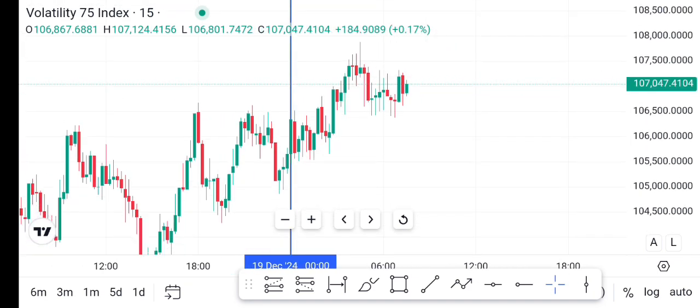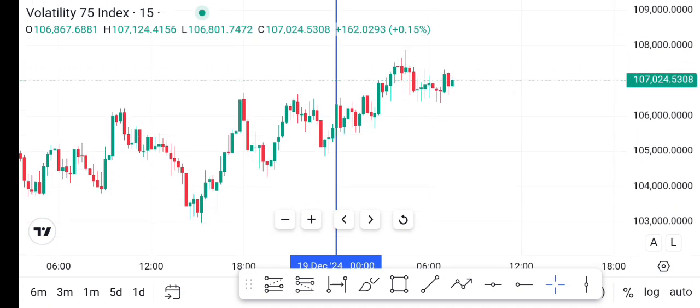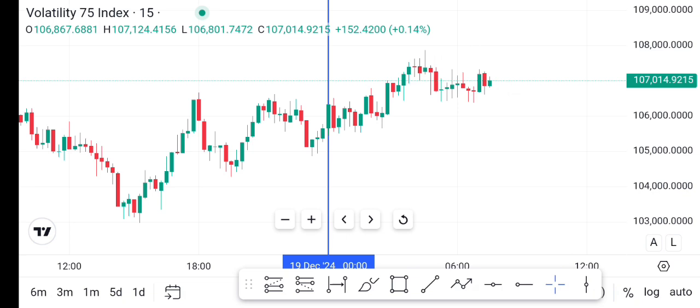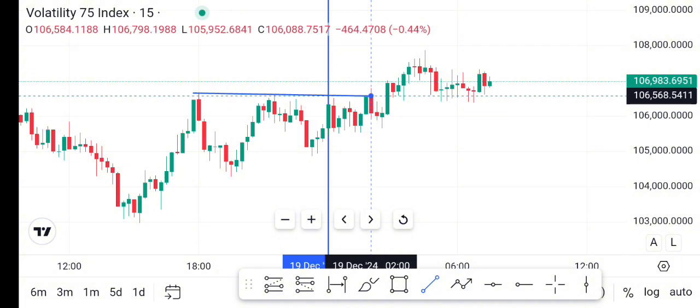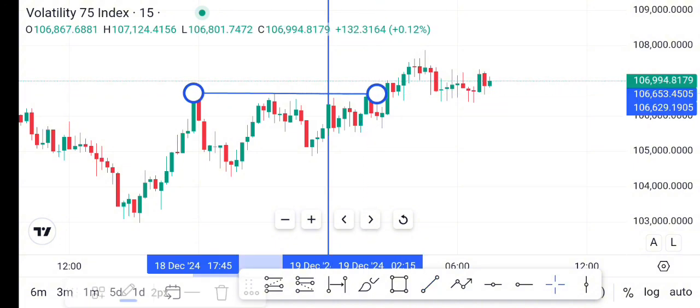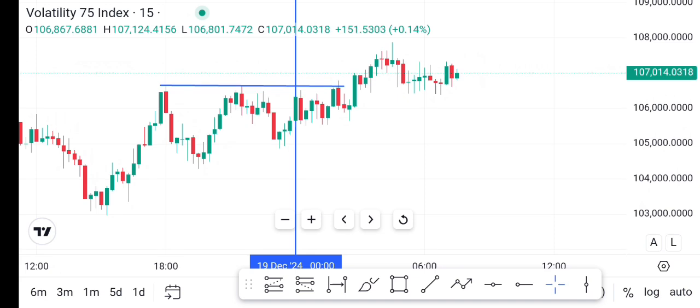We can see that the market has been making higher highs and higher lows since the day opened. Yesterday, it closed with these equal highs here. When it opened, it took them off. After taking them off, we have these lows here which have not been taken off.